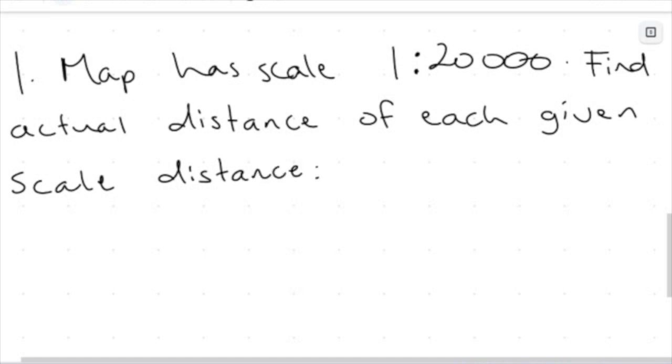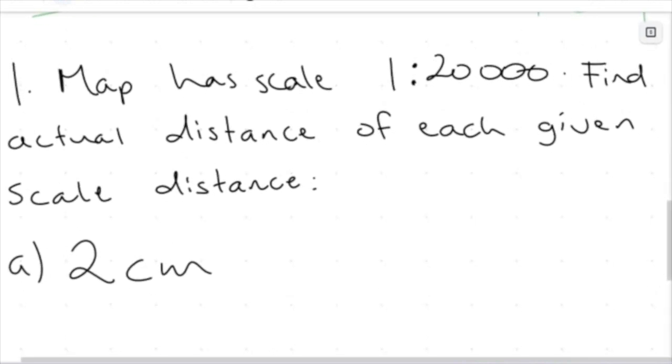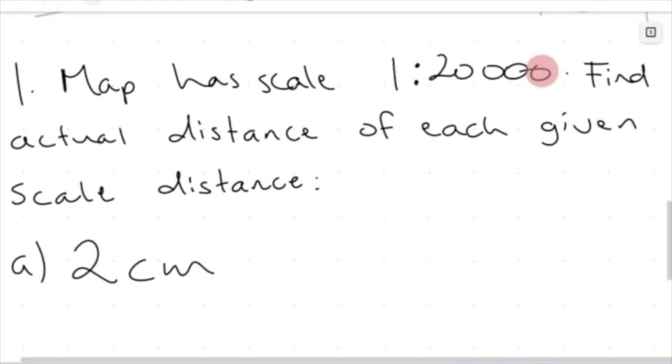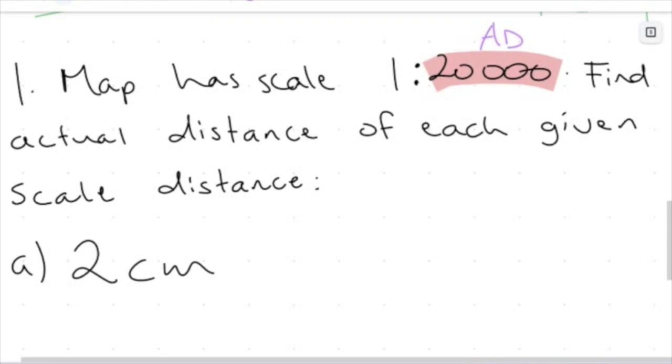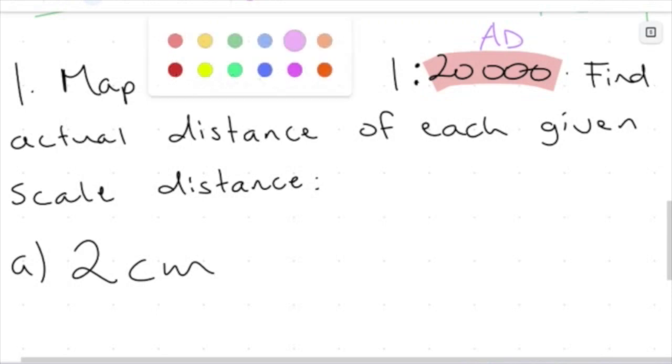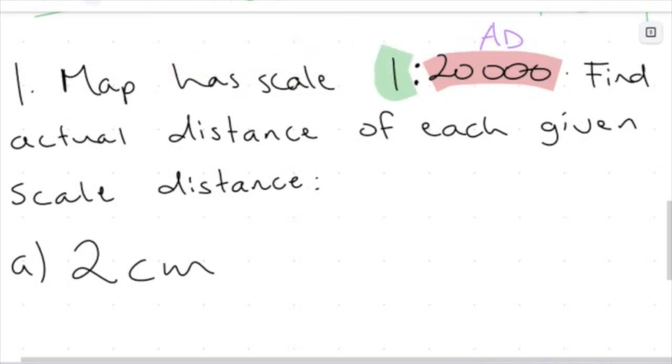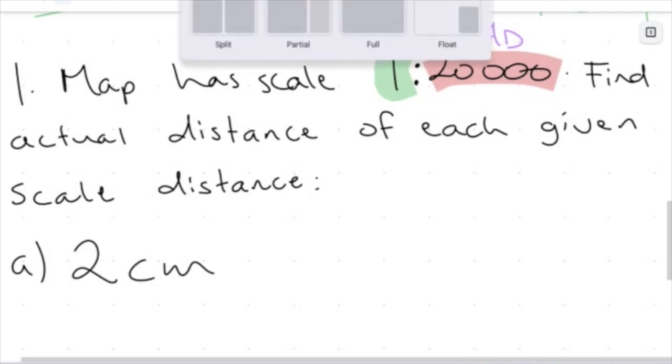I'm given the first one being 2 centimeters. It's important here to note that this particular thing here is the actual distance, I'm going to write that as AD. And this one here is the scale difference or the drawing difference, so we'll call that scale distance.